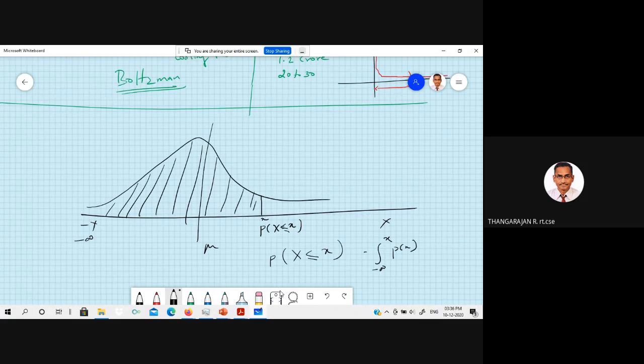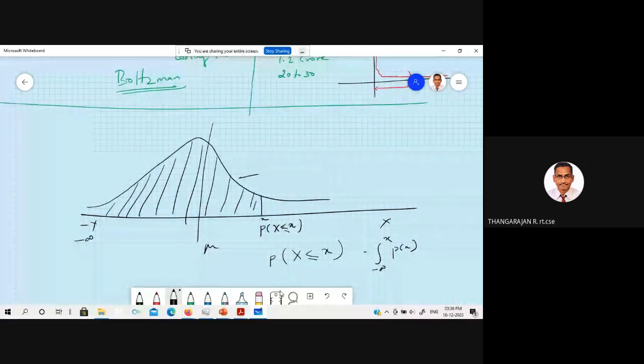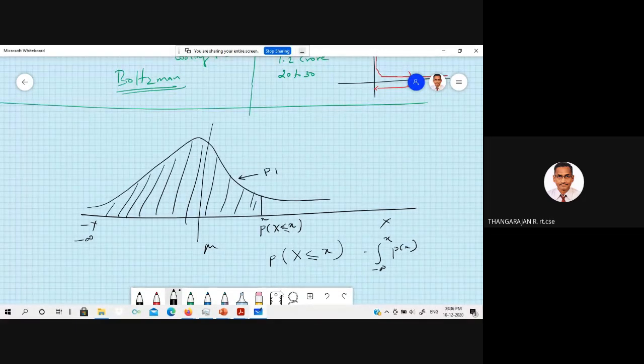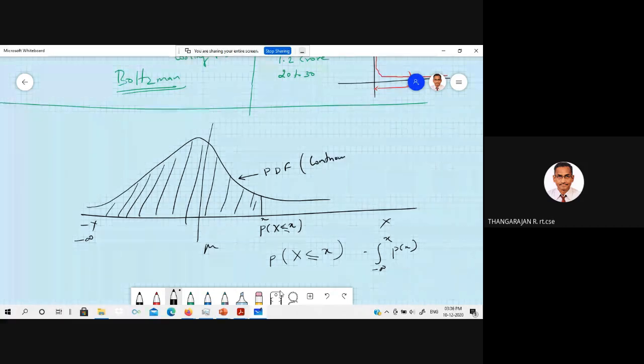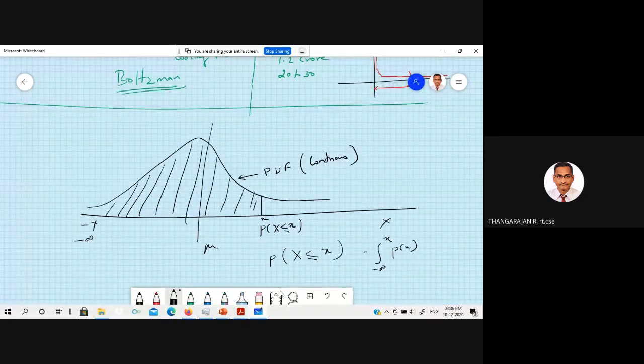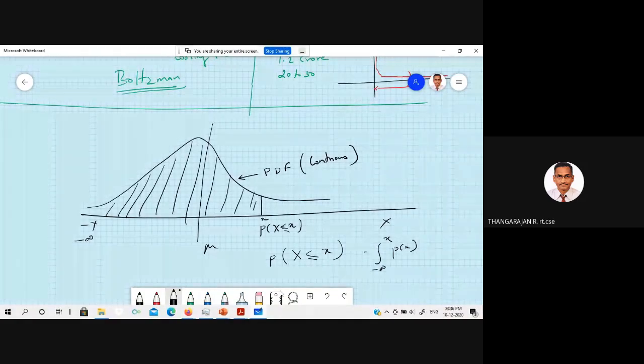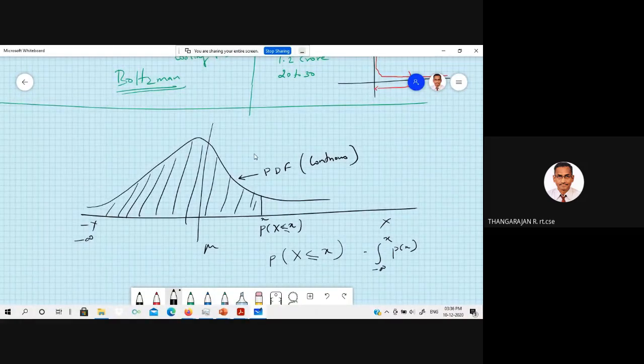What is this p of x? The p of x is nothing but your probability density function. Why do I say probability density function? Because it is continuous. For continuous data, we call it probability density function. If it is not continuous, if you are doing it on a computer, then you will have a histogram like this.